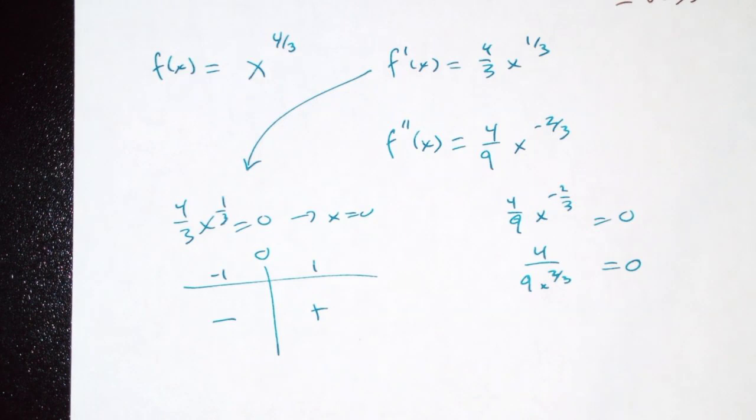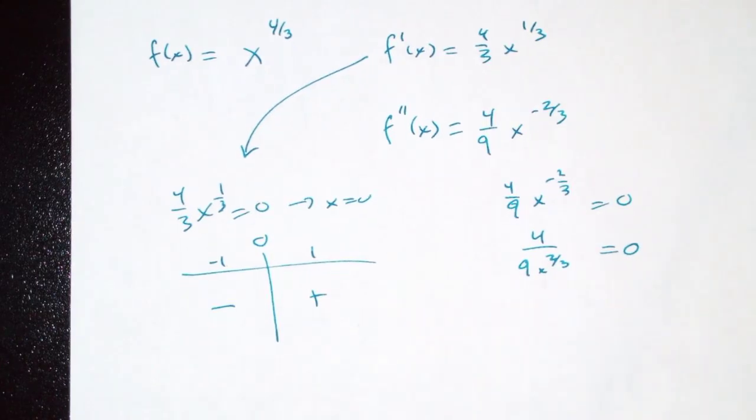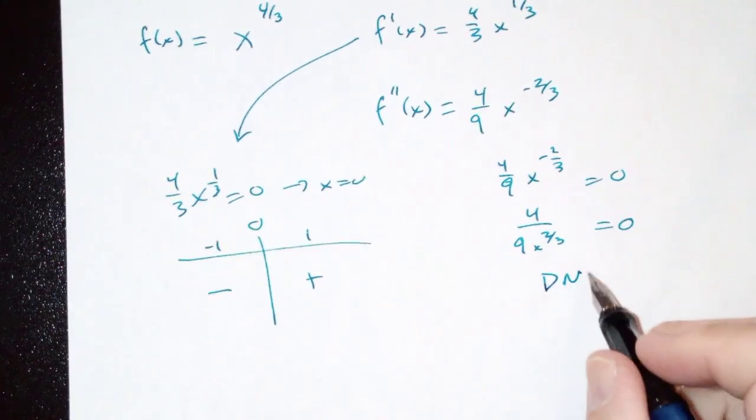My derivative can either be equal to 0 or it can, two different options there, not exist. This function's not equal to 0 at 0, but this function does not exist at 0.